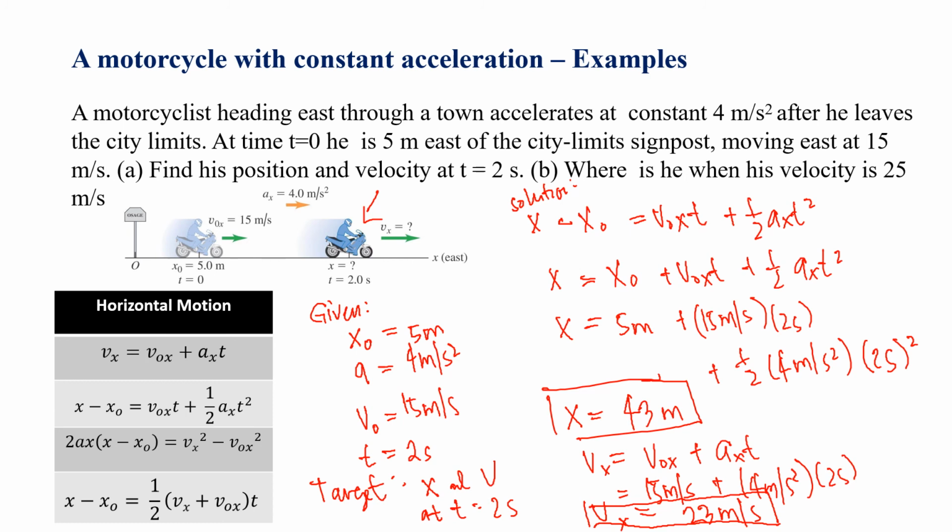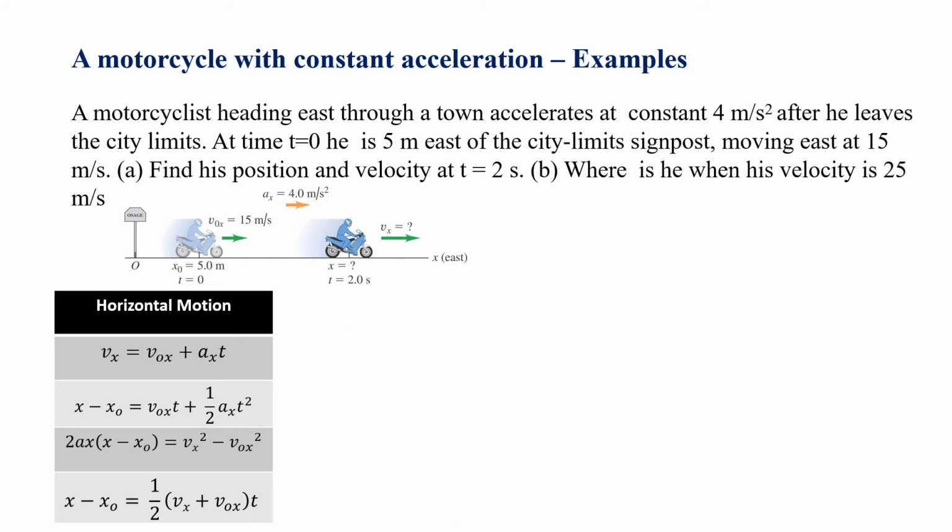Let us solve for problem B. For problem B, we are asked where is he when his velocity is 25 meters per second. So for problem B, our target is the x position at velocity equal to 25 meters per second.